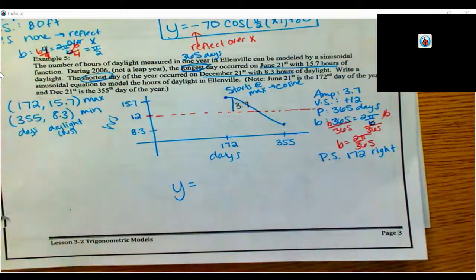Y equals, why don't you try to write it? I'll give you a couple minutes to do that.